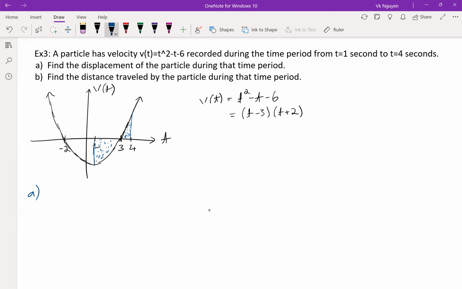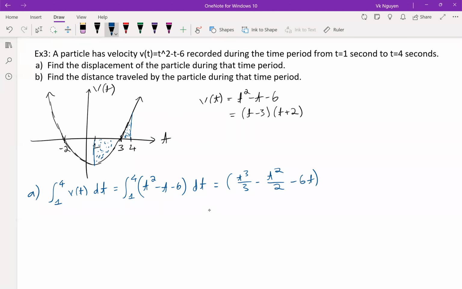Displacement is the integral from 1 to 4 of v(t) dt, which is the integral from 1 to 4 of t squared minus t minus 6 dt, and that is t cubed over 3 minus t squared over 2 minus 6t, evaluated from 1 to 4.